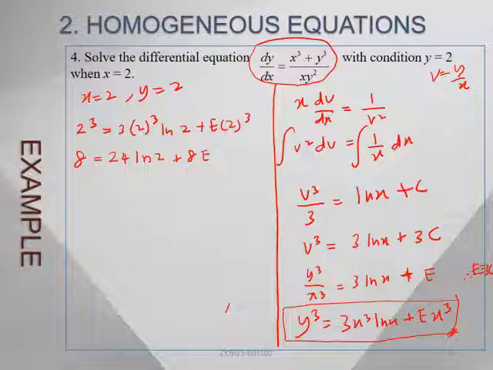So what is the answer for e? We obtain e is equal to 8 minus 24 ln 2, divided by 8.